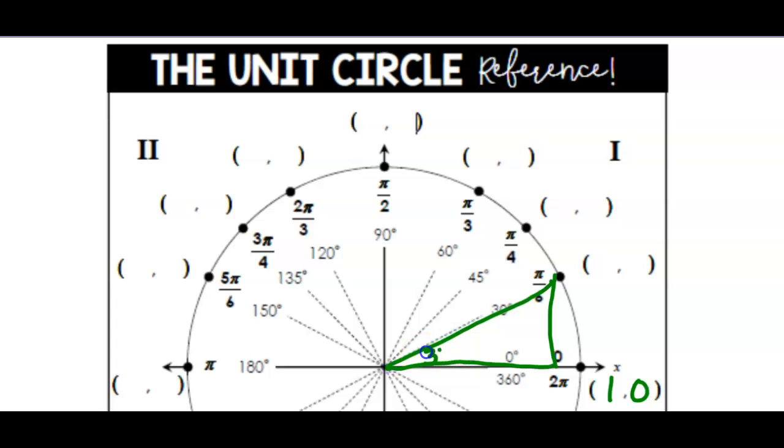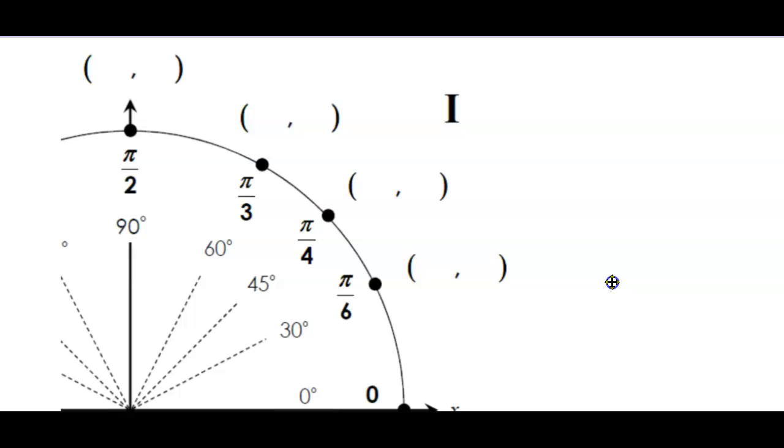So this is 30 degrees. This would be short leg, long leg, hypotenuse, but we have divided everything by 2 to make it a radius of 1. So this is a longer distance, which is square root of 3 over 2, and up a shorter distance, which is 1/2. All right, we're going to move on and do these this way.